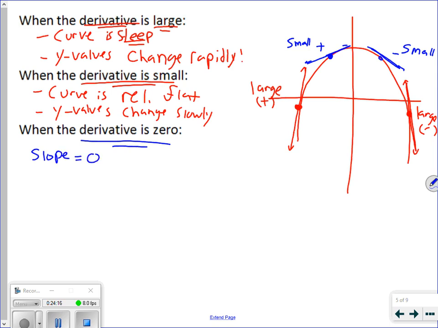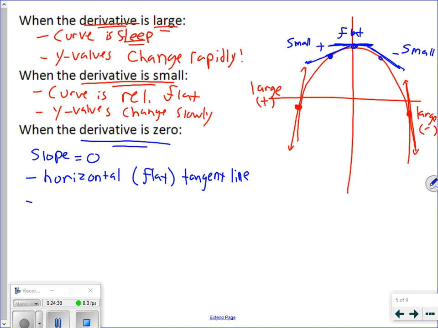And what happens when your slope is 0? You have a horizontal, or I guess a flat, tangent line. So for instance, right here, that's flat. Okay?